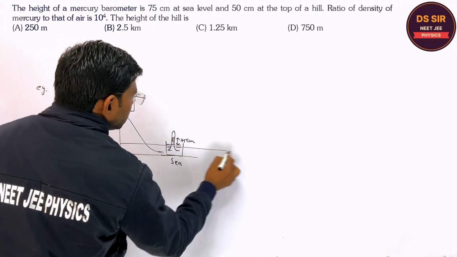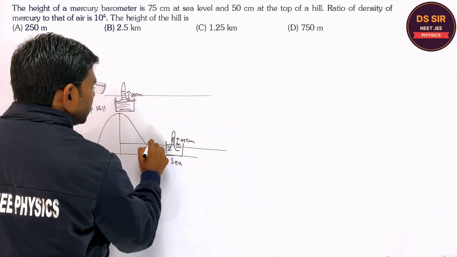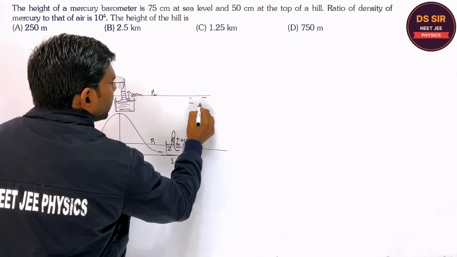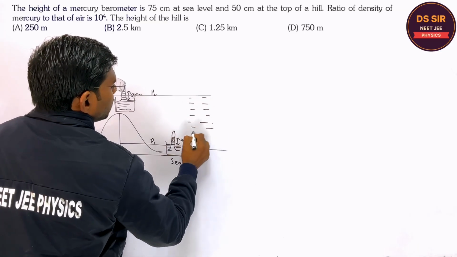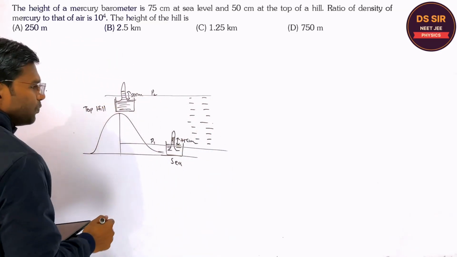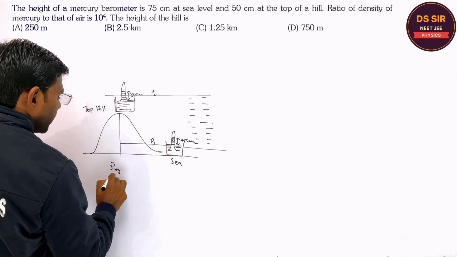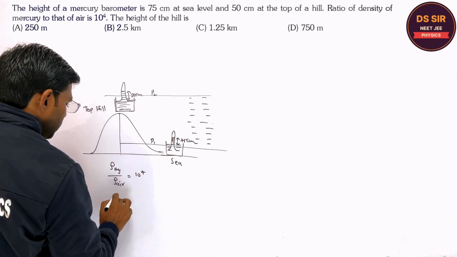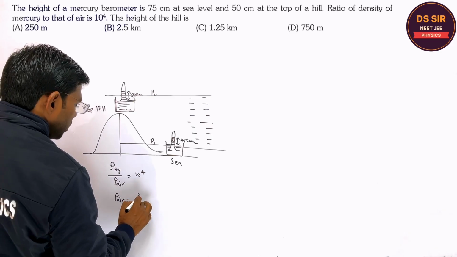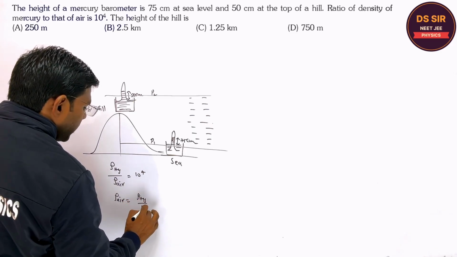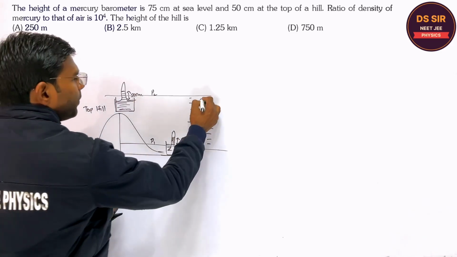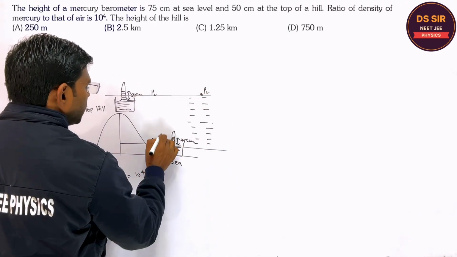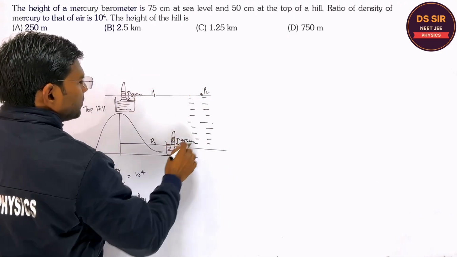So if you consider this point and this point, the pressure at this point is P1 and P2, and here the air column is there. In the question, the density ratio of the mercury to the air is given as 10 to the power 4. So density of air is density of mercury divided by 10 to the power 4. I am assuming this is P2 and this is P1, right?